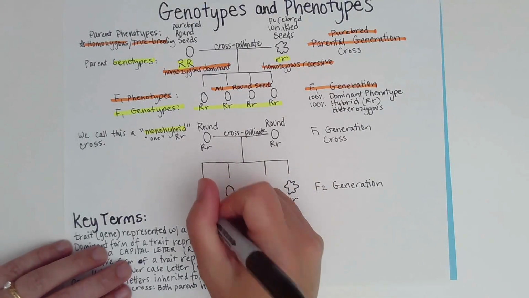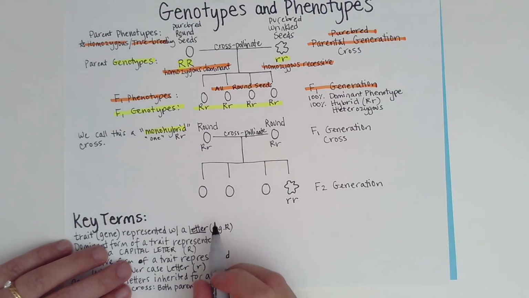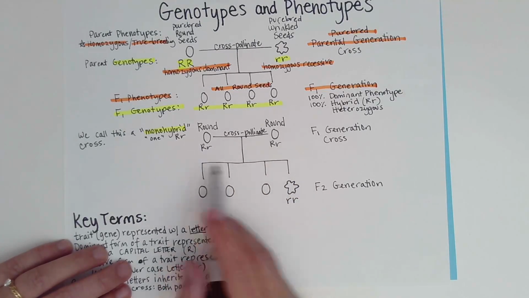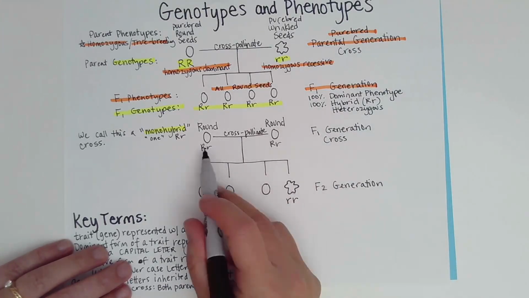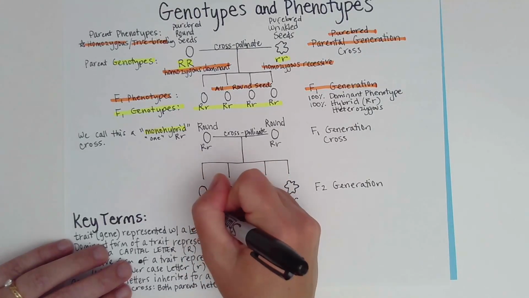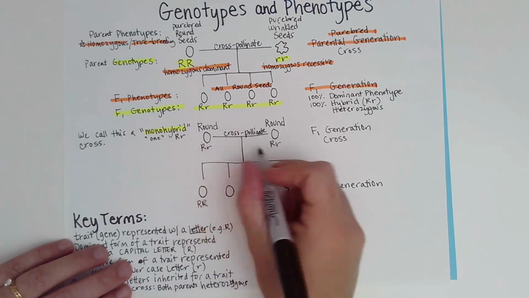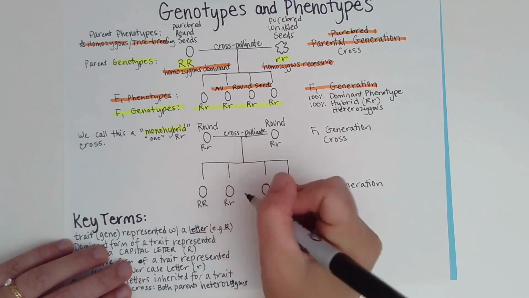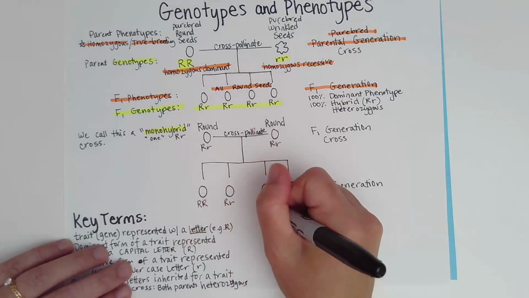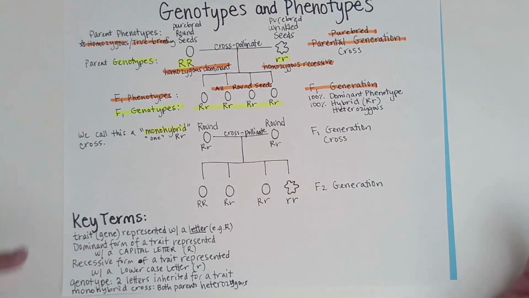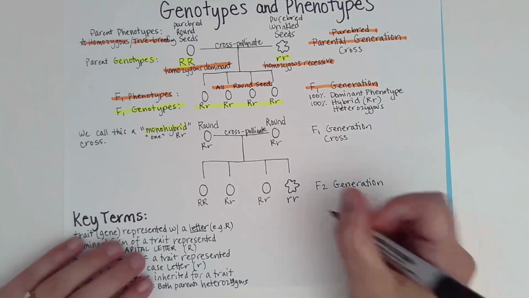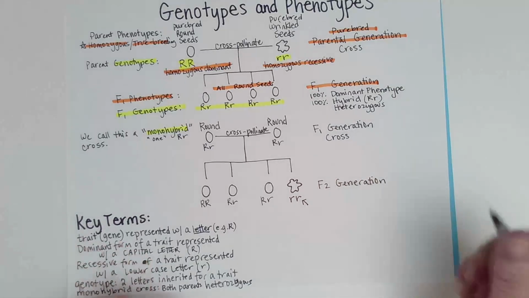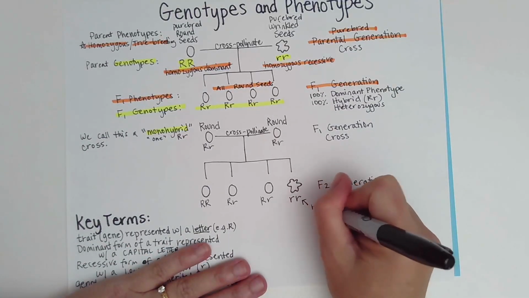And then all of these offspring could be a combination of big R, like it could have got a big R here. It could have got a big R and a little r like that. It could have got a big R and this little r. So anyway, there's different combinations, and I'm going to show you Punnett squares on the next page. But this is called the F2 generation, and this is the recessive form of the trait.